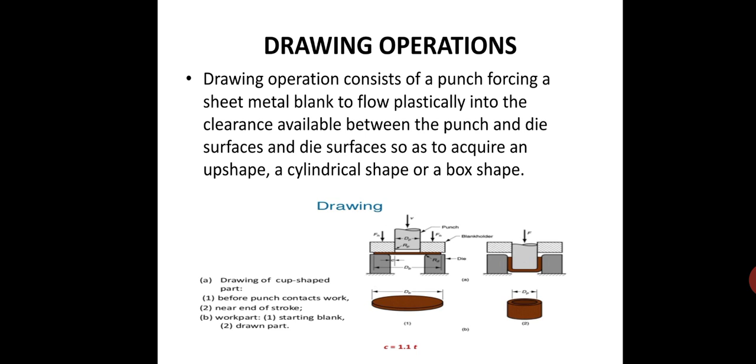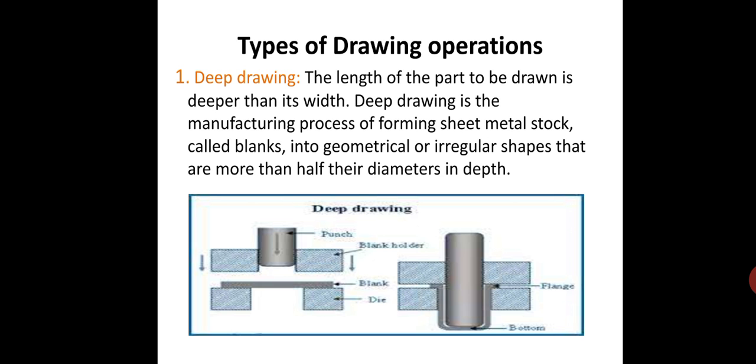Drawing a cup shaped part before punch contacts the work. Next, types of drawing operations. First one is the deep drawing. The length of the part to be drawn is deeper than its width.